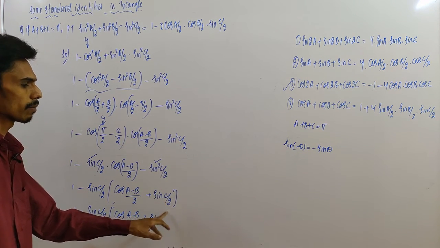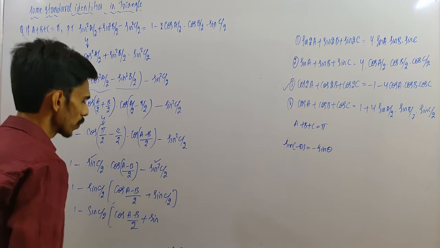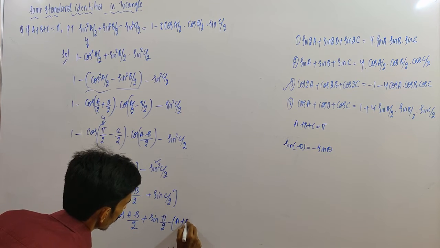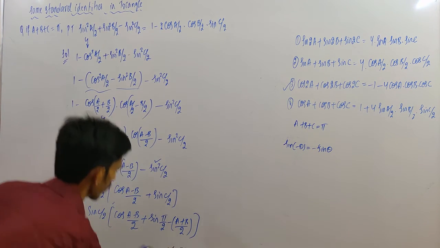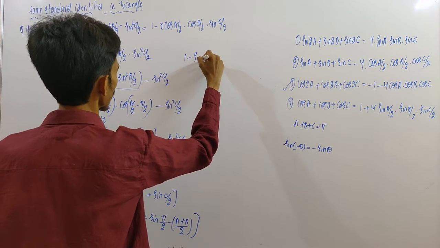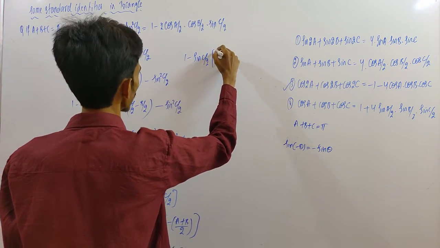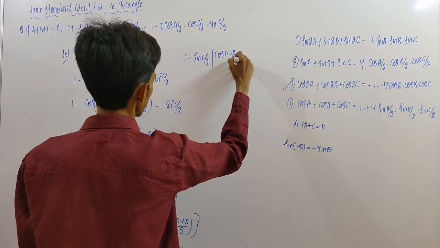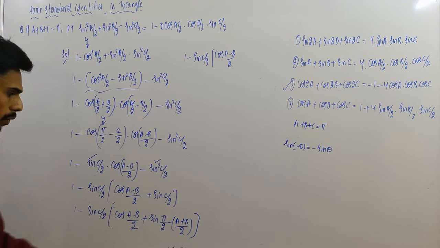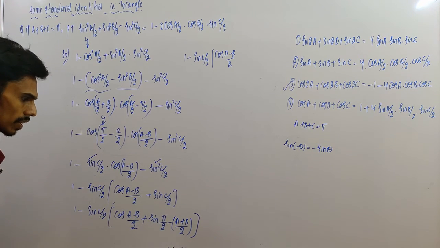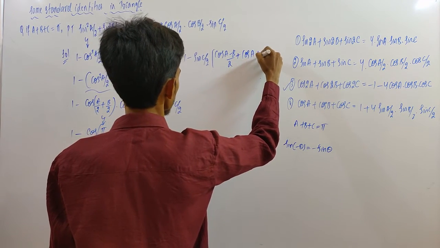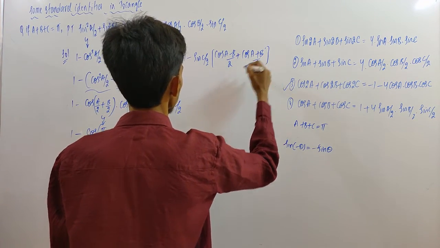Here change this C by 2 in terms of A and B, so it will become pi by 2 minus (A plus B by 2). So we have 1 minus sin C by 2 cos (A minus B by 2), sin 90 minus theta is cos theta, plus cos (A plus B by 2).